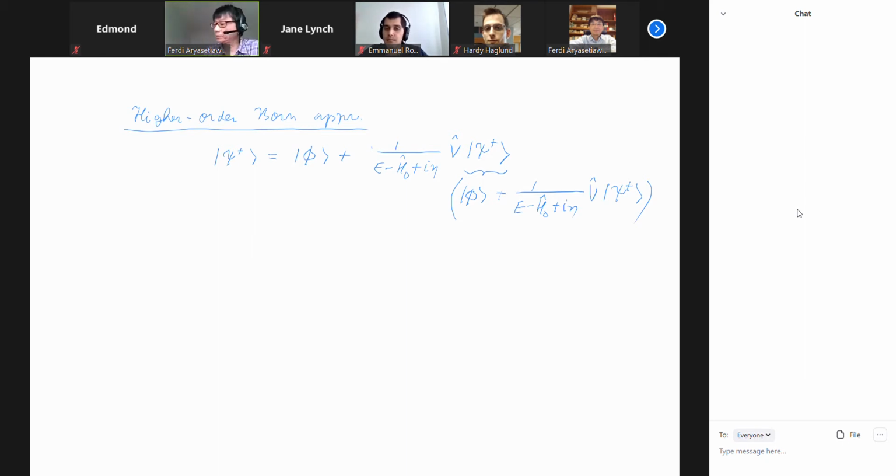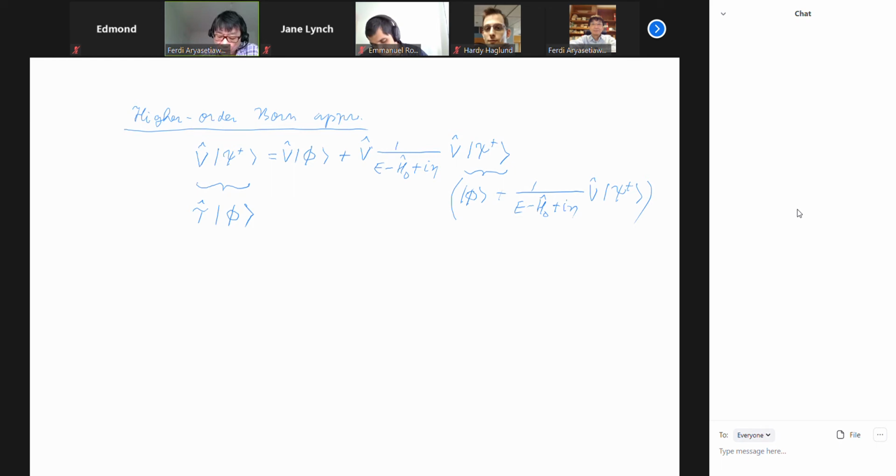So you can construct an operator equation for this by multiplying both sides by V here and defining this state to be equal to some operator T acting on the incoming wave phi. So this is the definition of T, and the T operator here is called the T matrix usually.